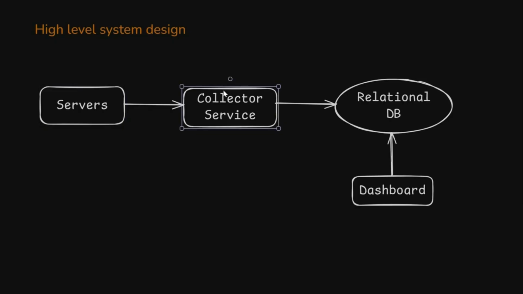So this is a pull mechanism which Prometheus follows. In case of AWS CloudWatch, which exposes an endpoint to the clients, the client can push health events to Amazon CloudWatch. So this is a push mechanism.